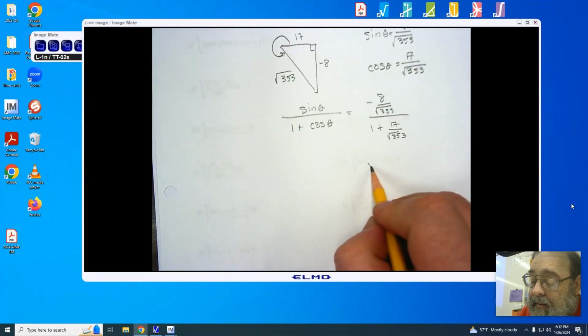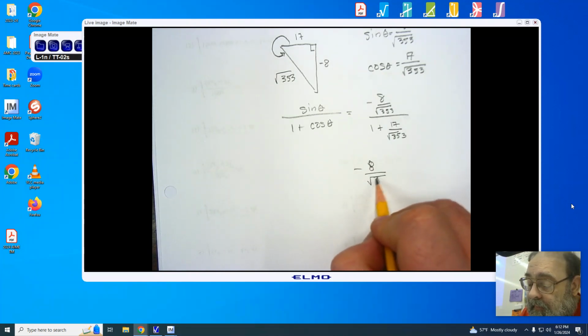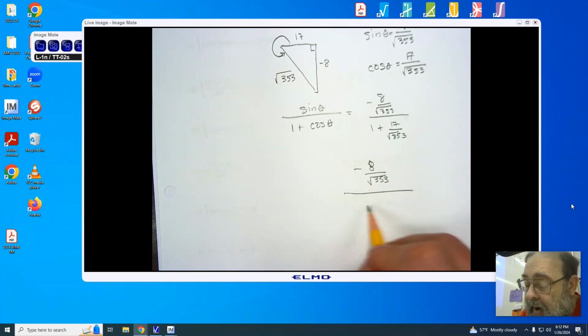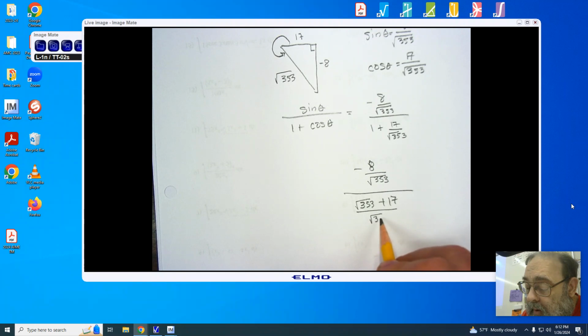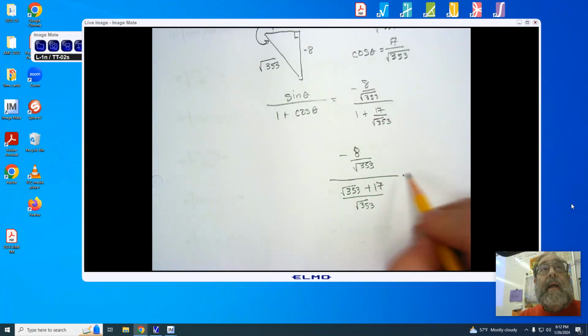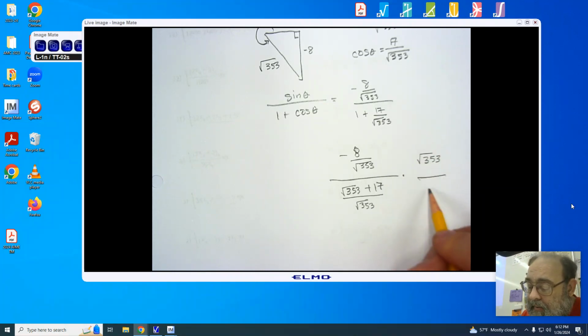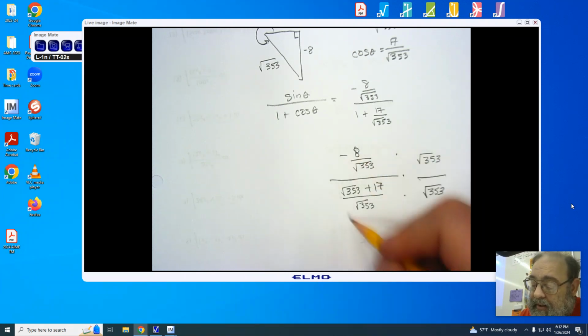So I'm looking at negative 8 over the square root of 353 divided by the square root of 353 plus 17. And because they will both have the same denominator, I'm going to put it below both. I now can multiply by the square root of 353 divided by the square root of 353. And because I have a complex fraction, I end up getting rid of these two pieces.